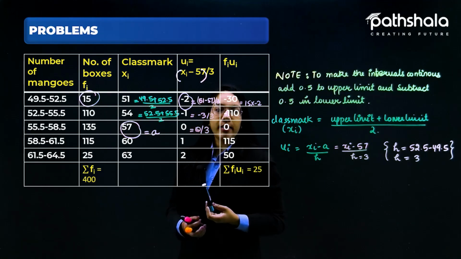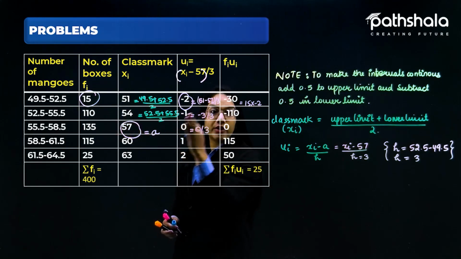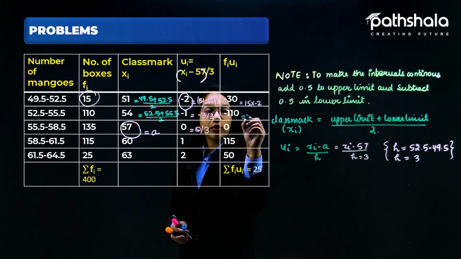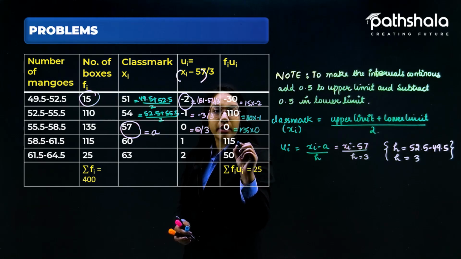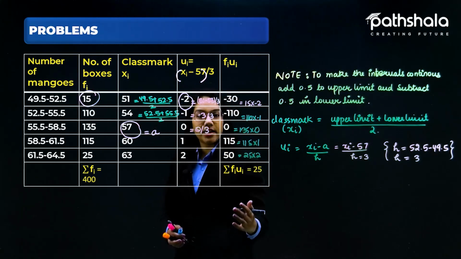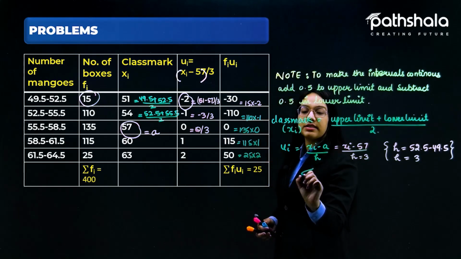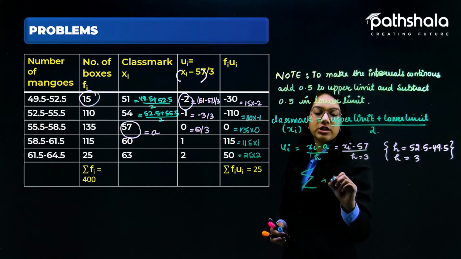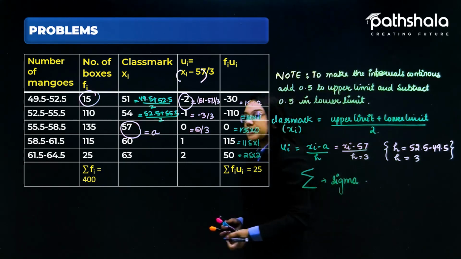In the same pattern, I'm moving on by multiplying 110 with minus 1, then the product of 135 into 0, 115 into 1, and 25 into 2. And I'm taking a sum of all these, that is the sigma of fiui. Always remember, this is a Greek symbol which is called a sigma.